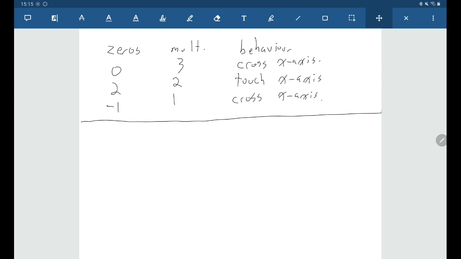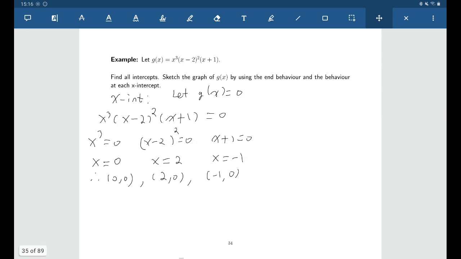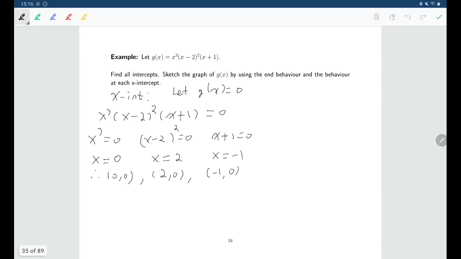The other part that we'll need is the y-intercept. We'll also need to find the end behavior, and for that, of course, we'll need to know what the leading term is. So let's do that over here. I'm just going to divide the screen up, and let's think about our leading term. We get that from multiplying the leading terms of each of our factors.